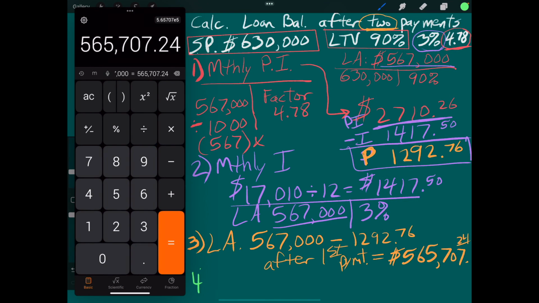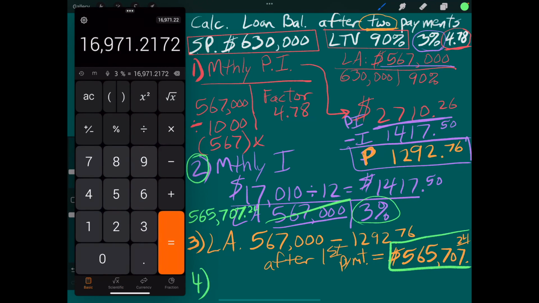And so to do that, we're just going to use this new loan balance, and we're going to plug it in to the second step. So instead of 567, we're going to use $565,707 and 24 cents. We're going to multiply that by this 3%.